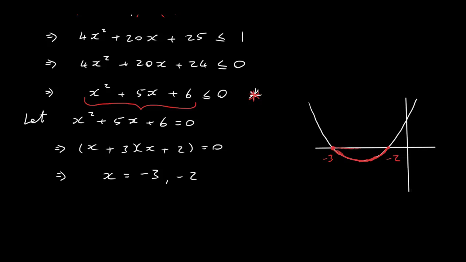Well, it's going to be all of these x values in here, including the minus 3 and the minus 2, because it's less than or equal to. So our answer is going to be x has to be bigger than or equal to minus 3, less than or equal to minus 2. So that's our final solution there.